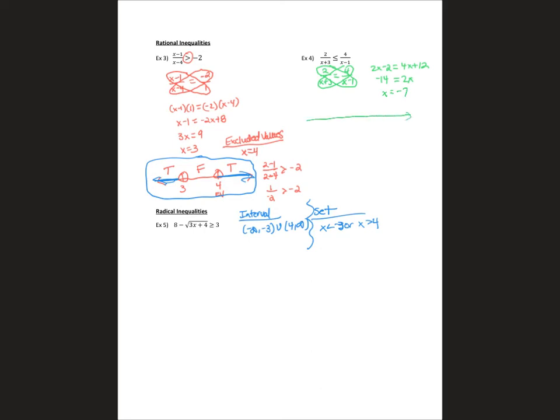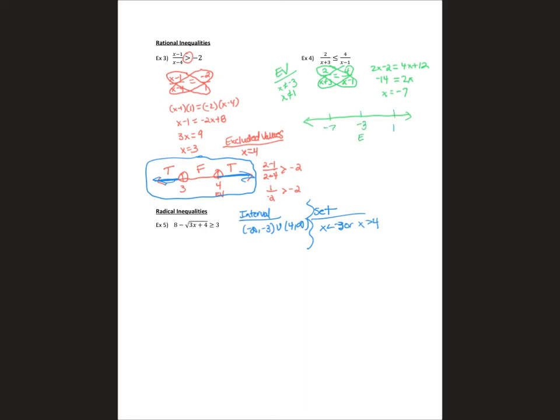And then there are 2 excluded values. X cannot equal negative 3, and x cannot equal 1. So we have negative 7, negative 3, 1.